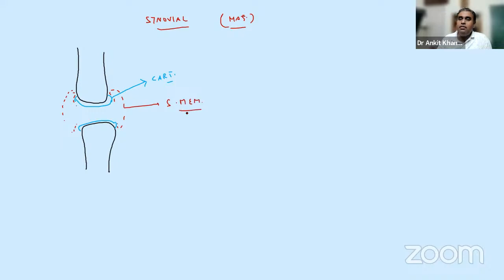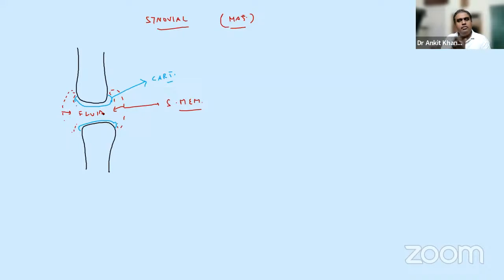What is this synovial membrane going to do? It is going to secrete the synovial fluid. It is not that the full space is filled; it is hardly even 1 ml of fluid. This is just to form a separate layer between the two rubbing surfaces. Suppose you are rubbing your hands like this.